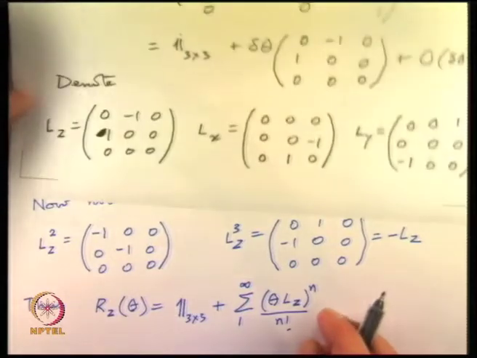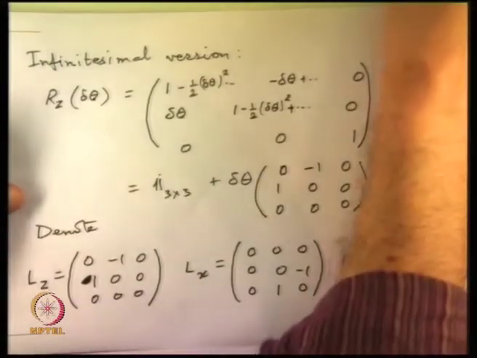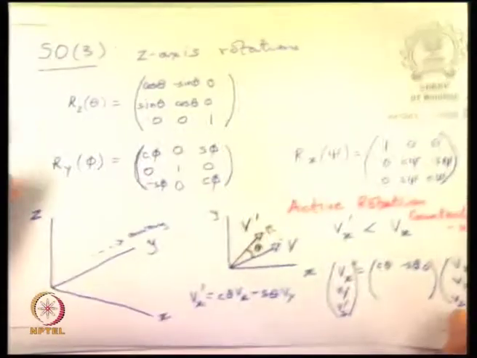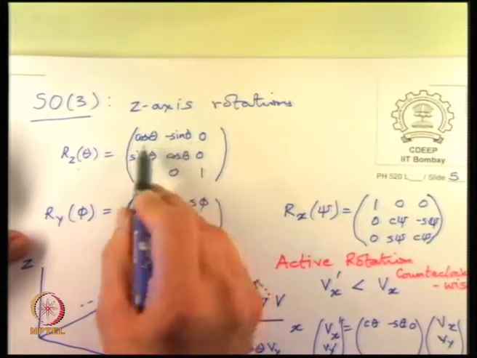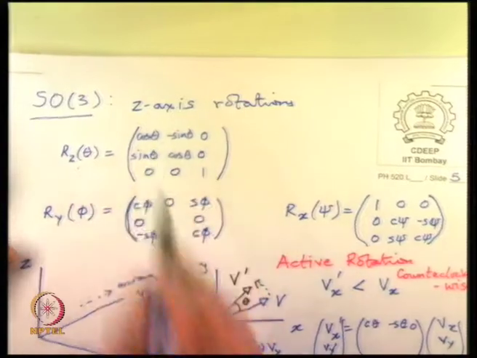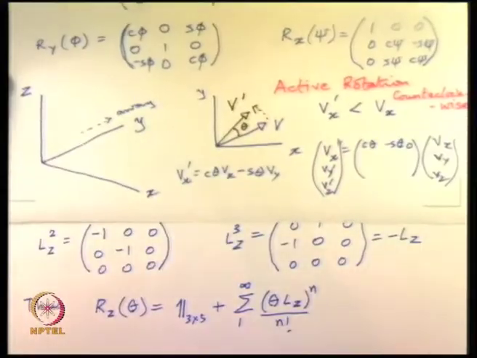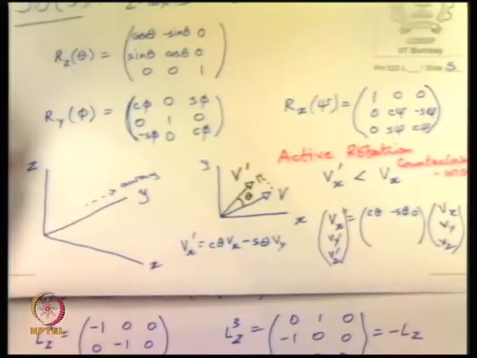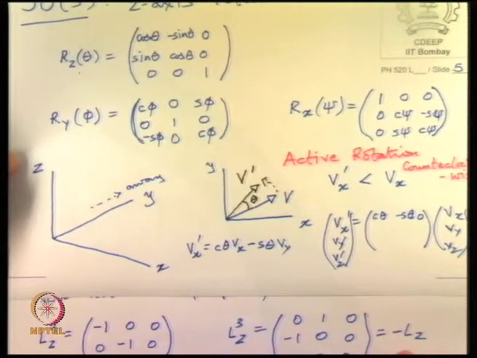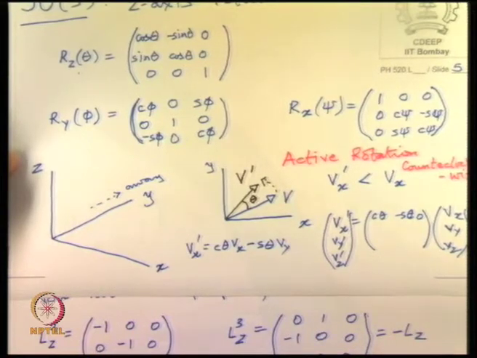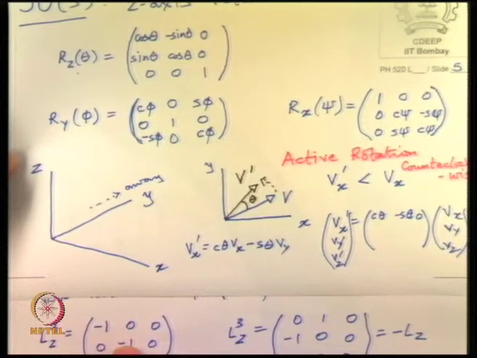Okay, so what am I saying? So, if you look at the full Rz, it has cosine thetas and sine thetas. So what I am claiming is that this property of Lz, that it oscillates in sines, Lz cube becomes minus Lz. So Lz to the 4 will become just Lz, because Lz square is anyway equal to minus 1 and 1.